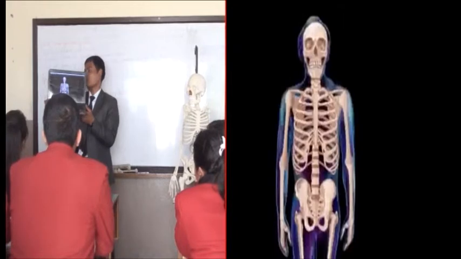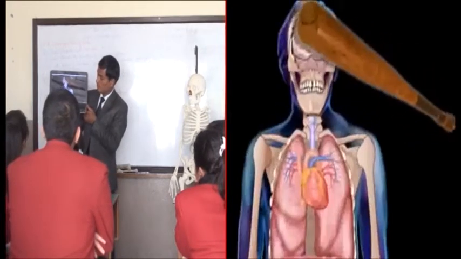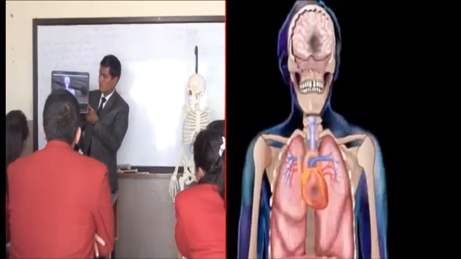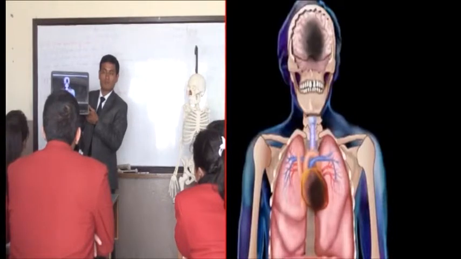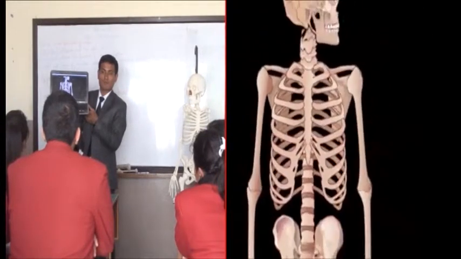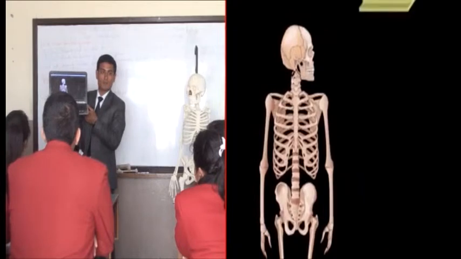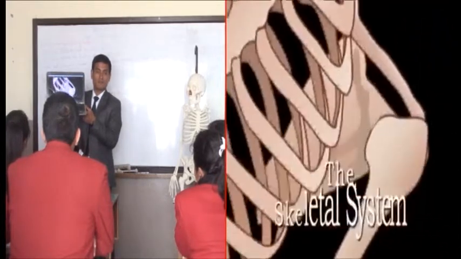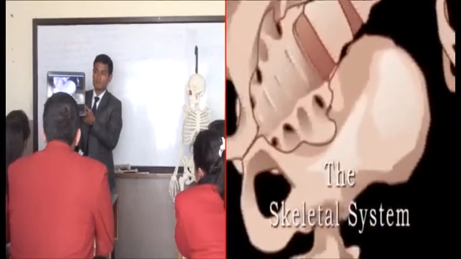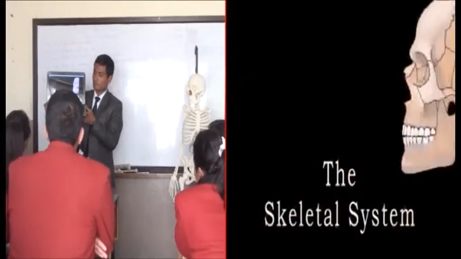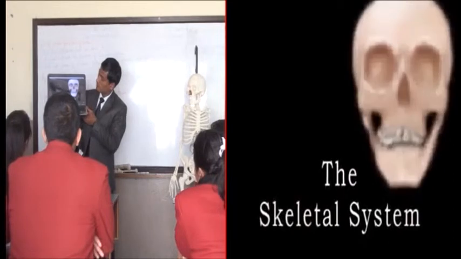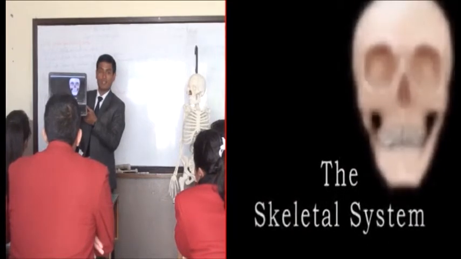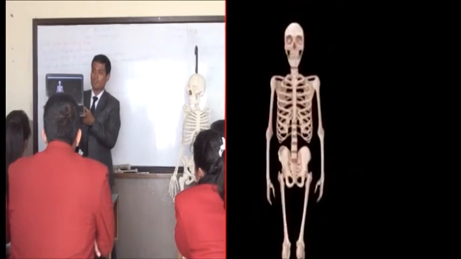And without the protection of our skeleton, even a simple bump on the head or chest could injure vital internal organs. Pound for pound, the bones of the skeletal system are stronger than steel.